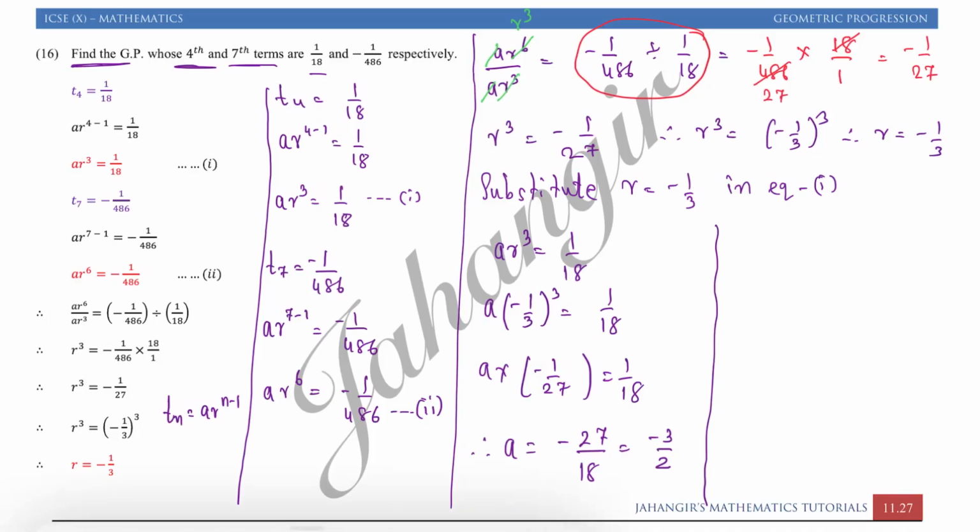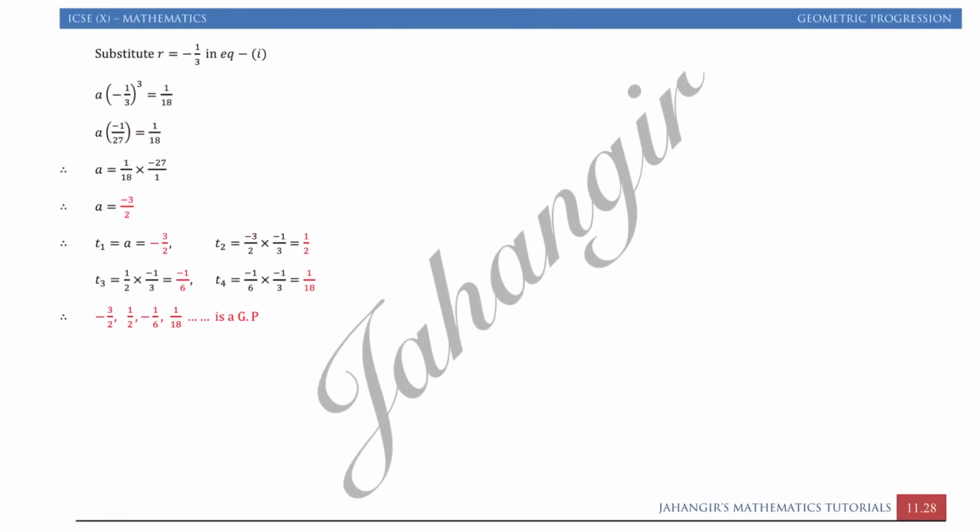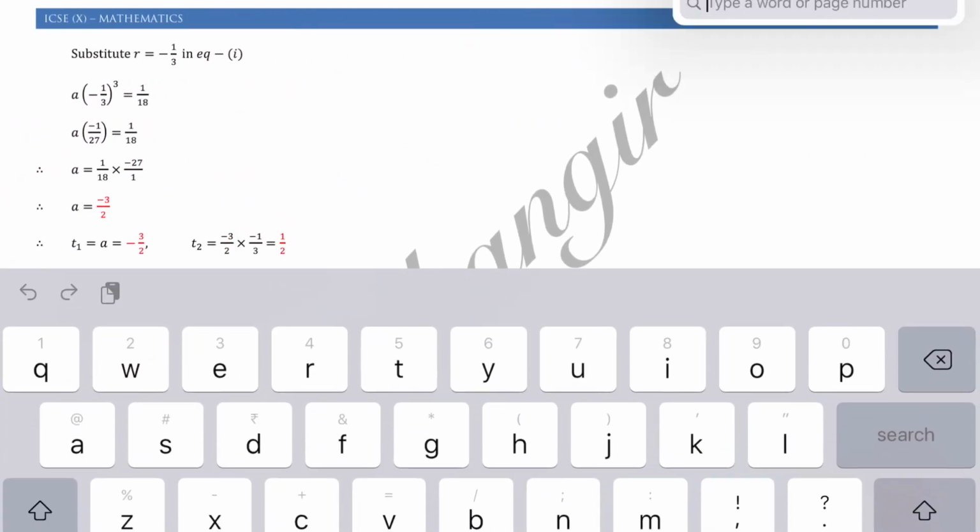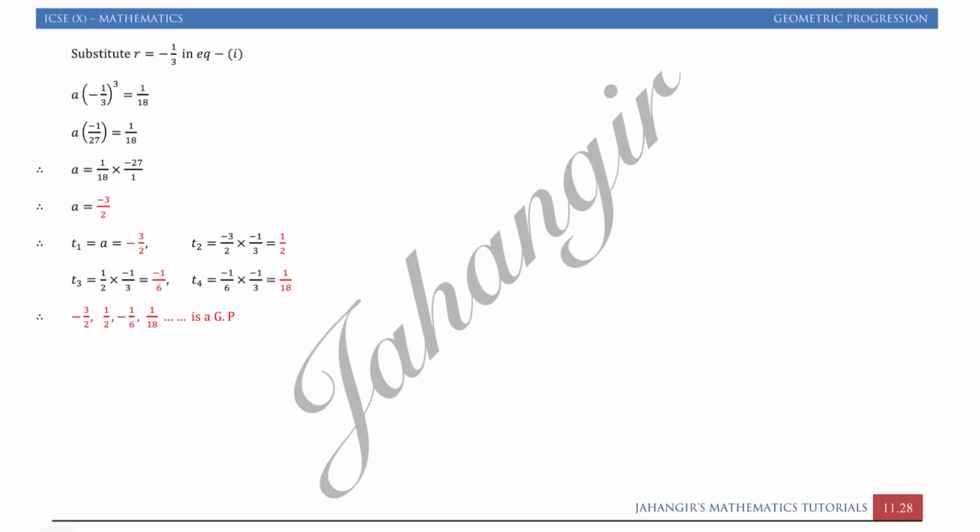So now we got A, we got R. So let us find the terms. In terms, the first term, second term, third term, let us find out. So here A is minus 3 by 2 and R is minus 1 by 3. Hope we got the same answer.